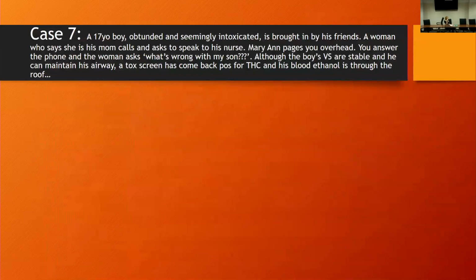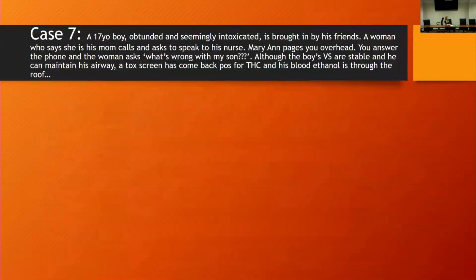Right. So the reason I got motivated to write this lecture is because one of our longtime nurses and I had a disagreement about a patient like this. And I think a lot of people would have had a disagreement because she had children this age. A 17-year-old boy, obtunded, seems drunk, brought in by his friends.